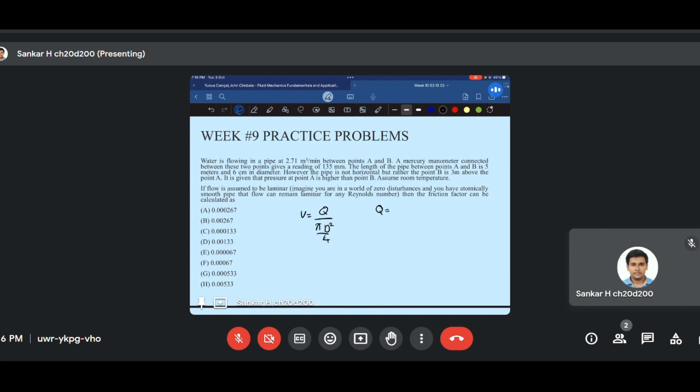The volumetric flow rate is 2.71 meter cube per minute, which is 2.71 by 60 meter cube per second, and the diameter is 6 centimeter, which is 0.06 meter. Therefore, the velocity is 2.71 by 60 divided by pi times 0.06 square by 4, which comes out to be 15.97 meters per second.